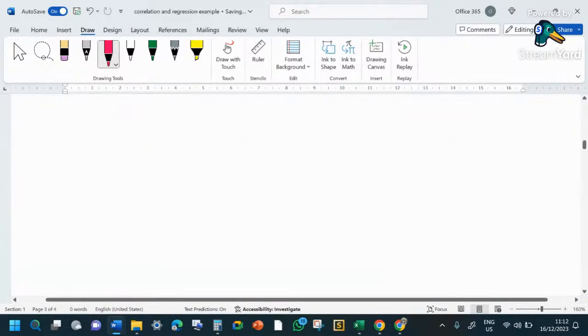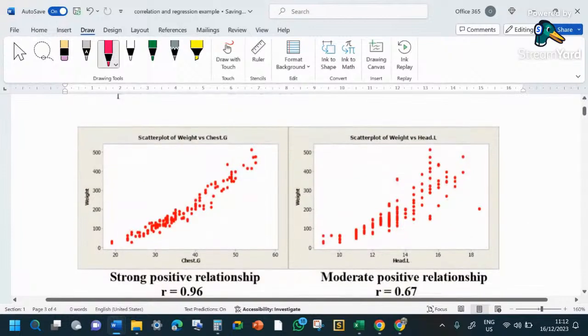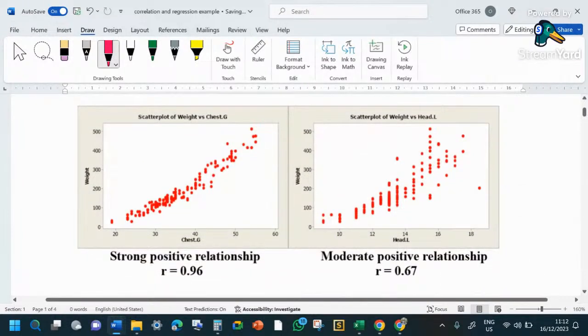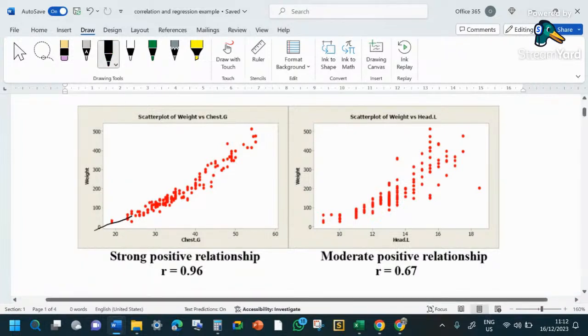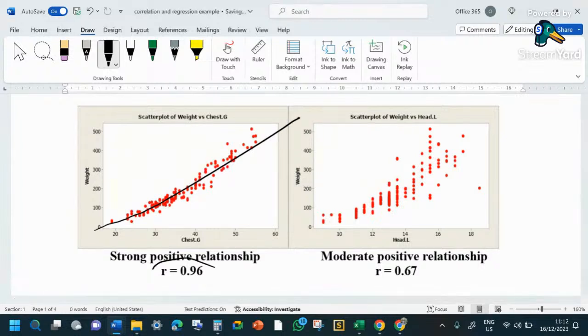If your dots are close to each other and you're going to draw a line through it, that line has a very strong correlation coefficient.